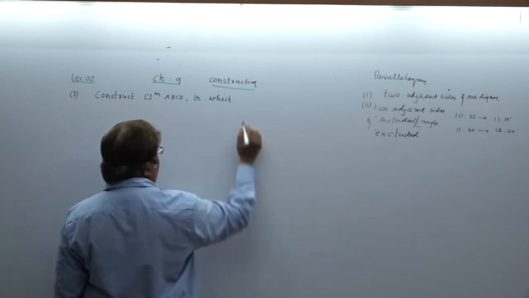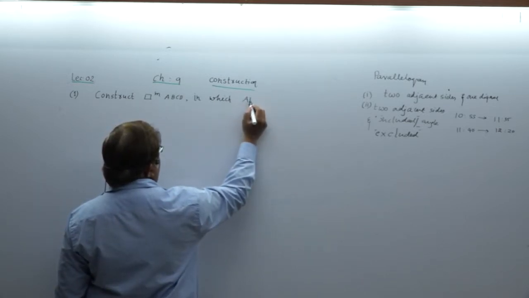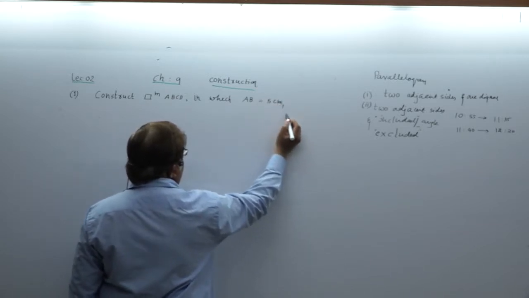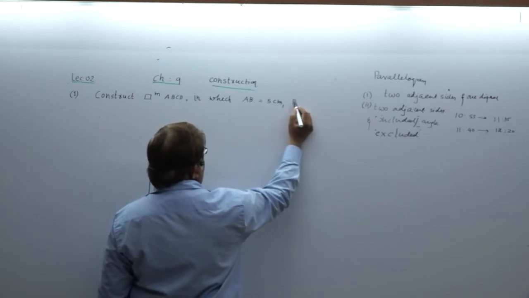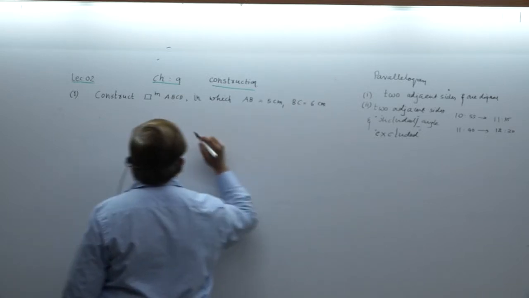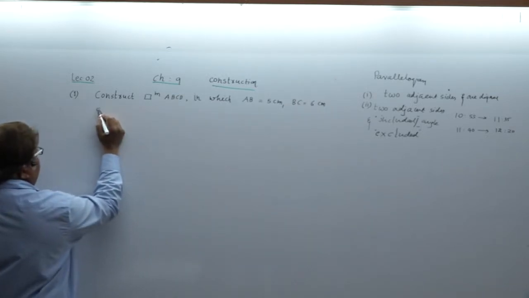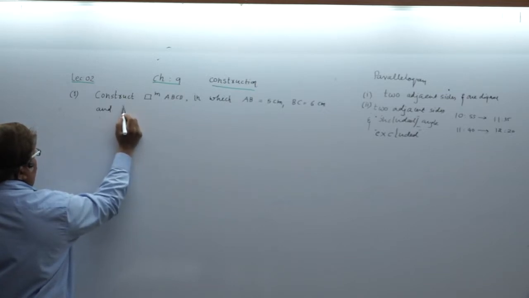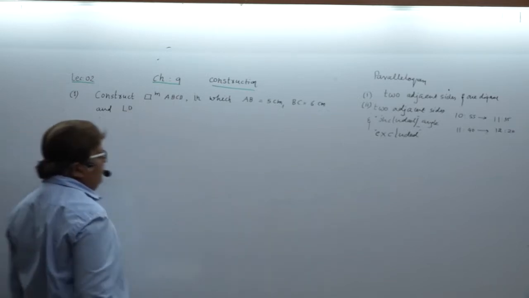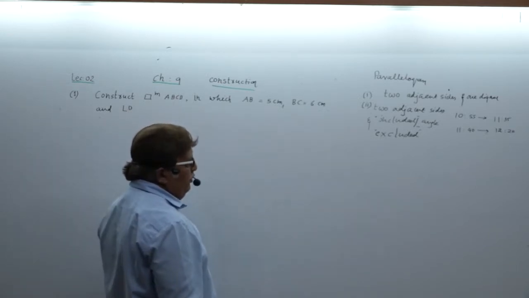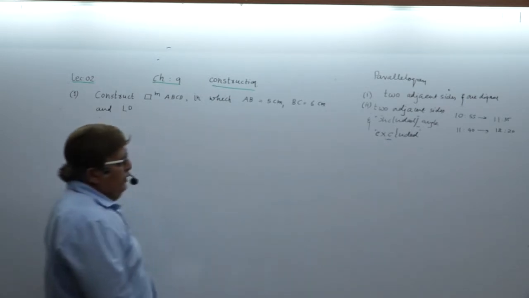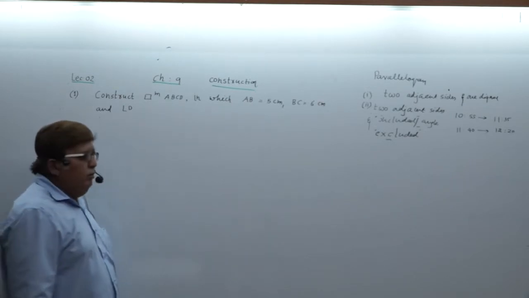AB equal to 5 centimeter, then you are given BC equal to 6 centimeter and angle D. I am intentionally not taking a simple statement because here I want to explain to you how construction can be twisted.